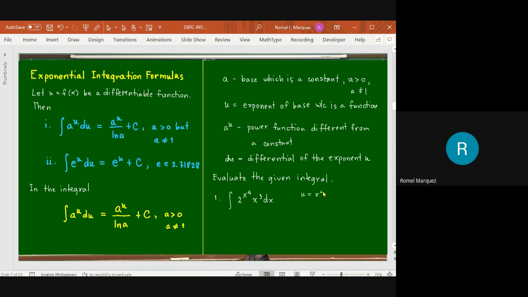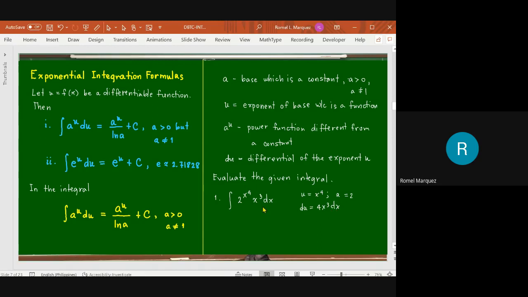So what is our u here, guys? x to the 4th. What is our a? Our a is positive 2, no? And then, what is du? Guys, what is du? For x cubed dx.